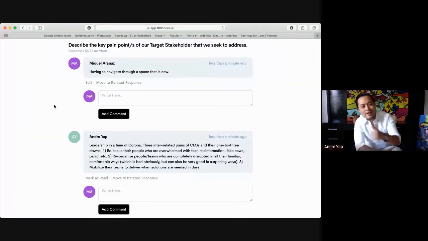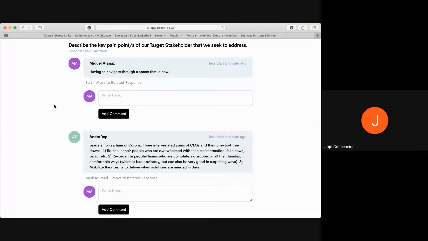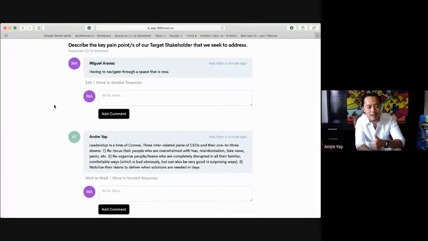There are 3 interrelated pains that we're focusing on. Number 1 is that the CEOs need to refocus their people who are overwhelmed with fear, misinformation, fake news, panic, business unusual. Number 2, quite apart from refocusing, they need to reorganize their people and their teams who are completely disrupted in all the things that are familiar and comfortable to them.